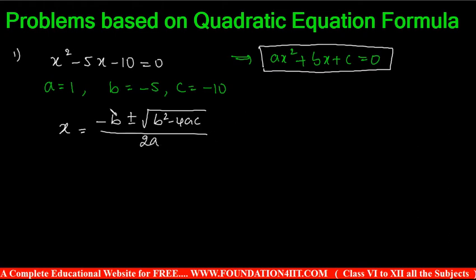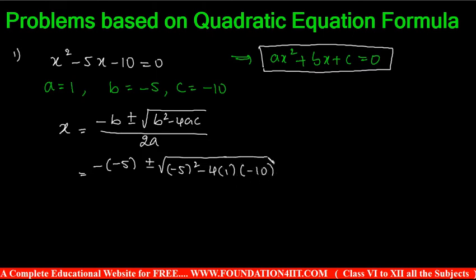Let's substitute these a, b, c values. a is 1, b is minus 5 and c is minus 10. So if we substitute, in the formula it is minus b, and the b value is again minus 5, plus or minus root of b square, minus 5 whole square, minus 4ac, where a is 1 and c is minus 10, all divided by 2a, 2 into 1.